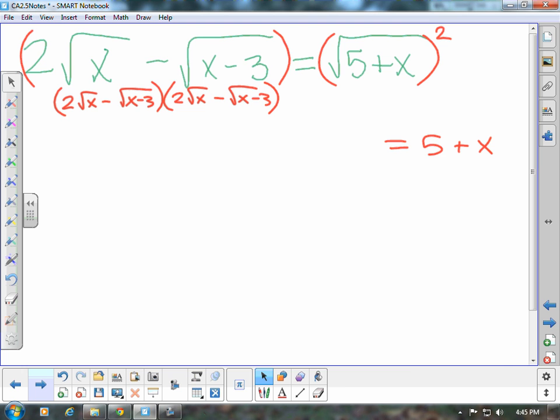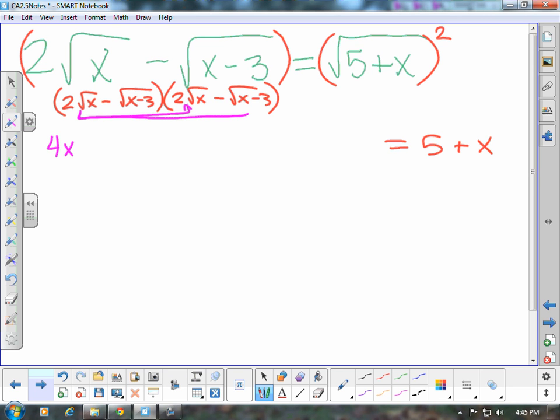And so now if you're going to multiply this out, that times that is going to be 4x, because the square root of x times the square root of x is just x. Then when you multiply this times that, you are going to get a negative 2 times the square root of x times x minus 3.